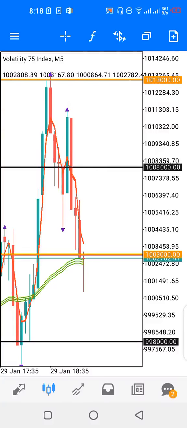We'll be trading with the Grail Edge strategy, the advanced Grail Edge strategy. It has to do with setting pending orders at a particular point on the chart, and then you expect price to trigger the pending orders.